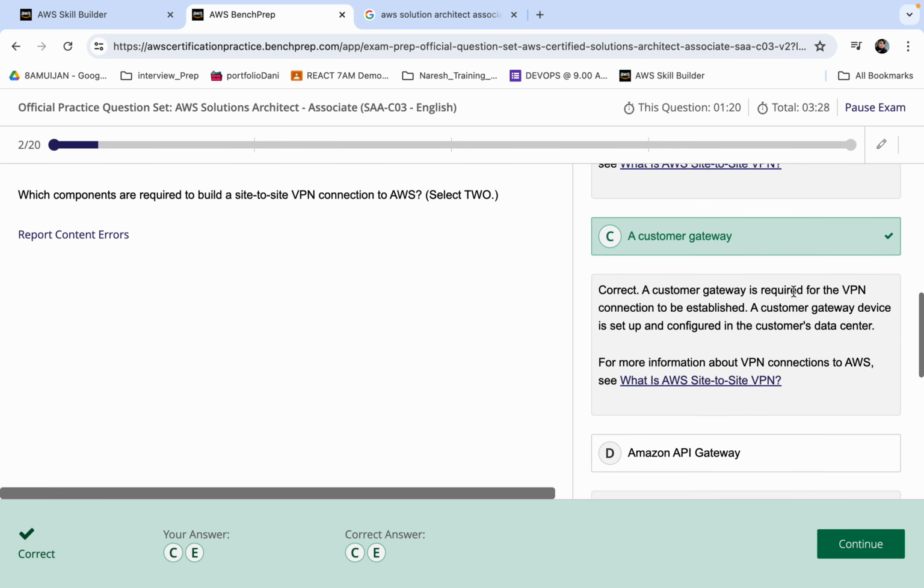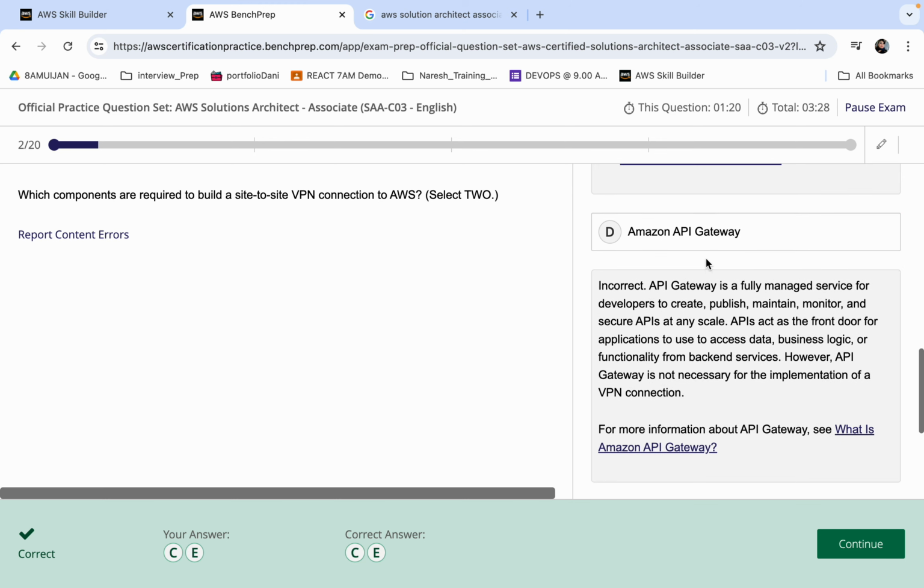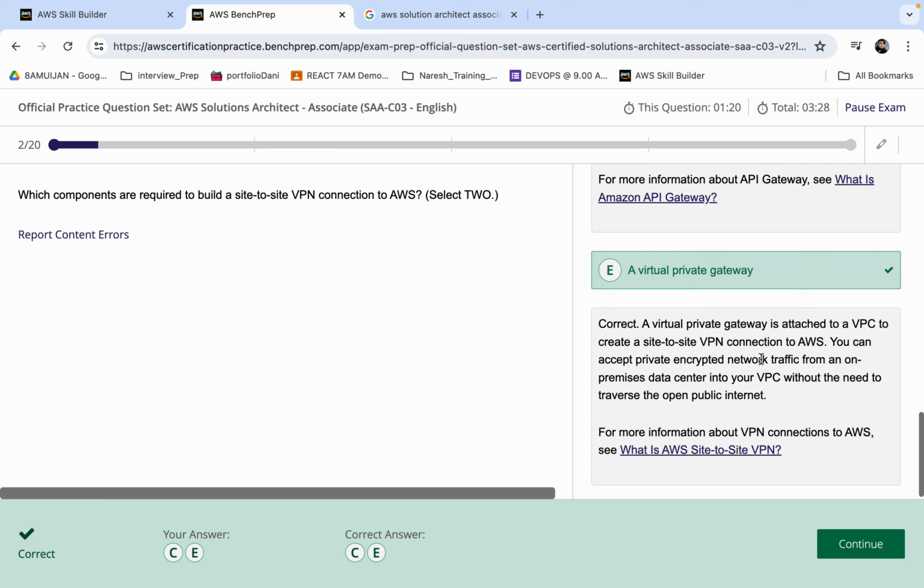A customer gateway is required for the VPN connection to be established. A customer gateway device is set up and configured in the customer's data center. We know this. And likewise, they have given the explanation for Amazon API Gateway, that it is a fully managed service for developers to create, publish, maintain, monitor and secure APIs at scale. So it is not about a site-to-site VPN connection.